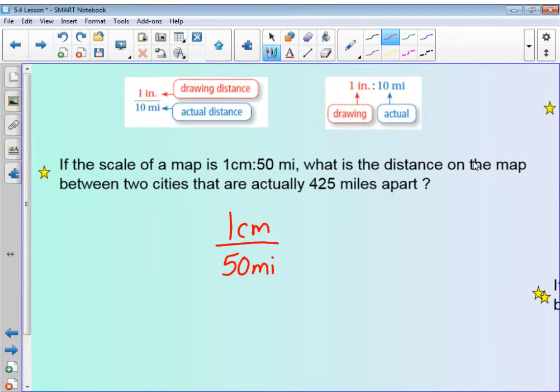Well, my 425 miles is going to go on the bottom, because that's the actual distance. That's my mile labels. So now I'm going to cross multiply, divide. So 425 times 1 is 425 divided by 50 gives me 8.5. So if I'm drawing this on a map, I have to make sure I make them 8.5 centimeters apart.